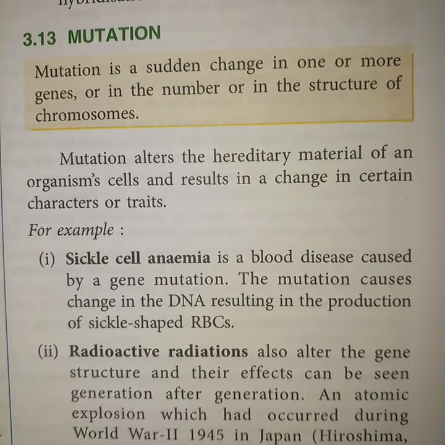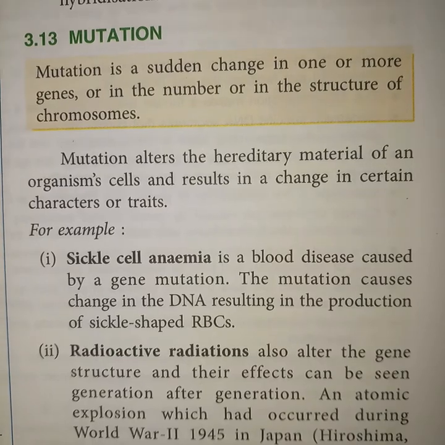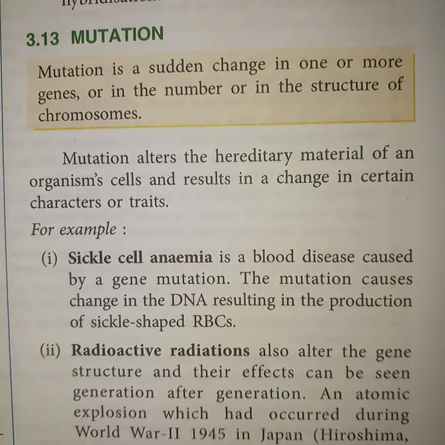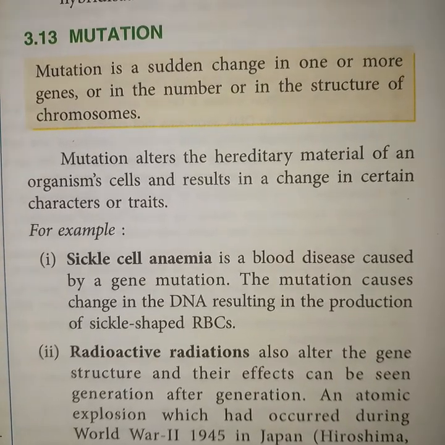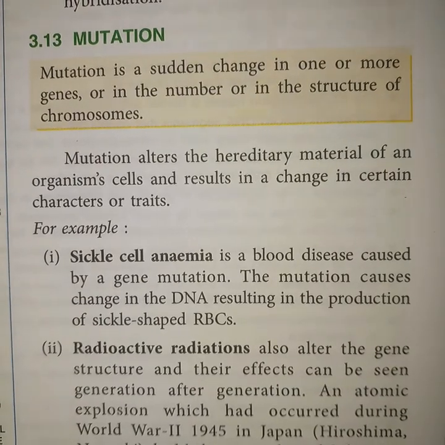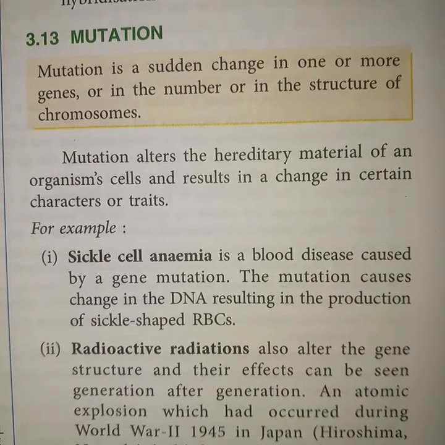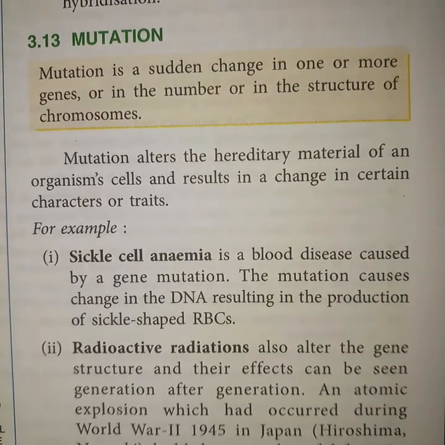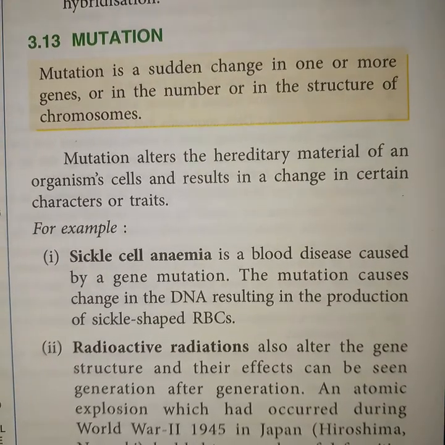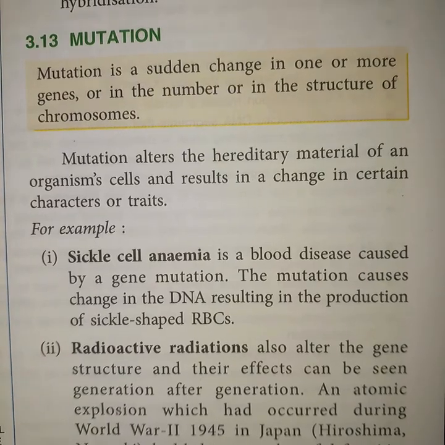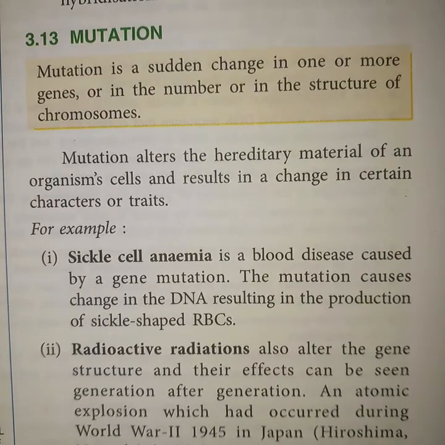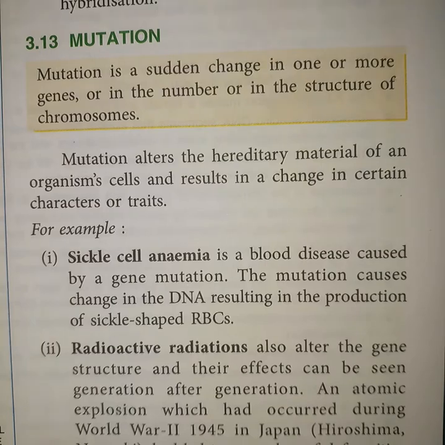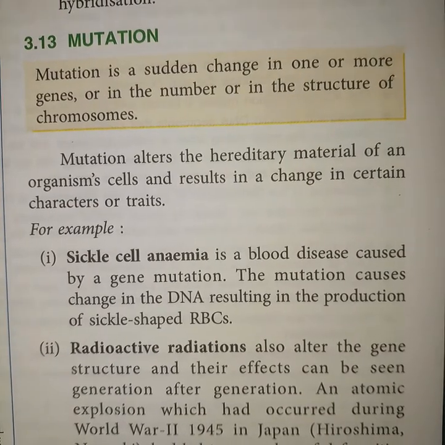The mutation causes a change in the DNA, resulting in the production of sickle-shaped RBC. The RBC, which are biconcave, become folded to form a sickle shape, and thus transport less oxygen to the body parts.